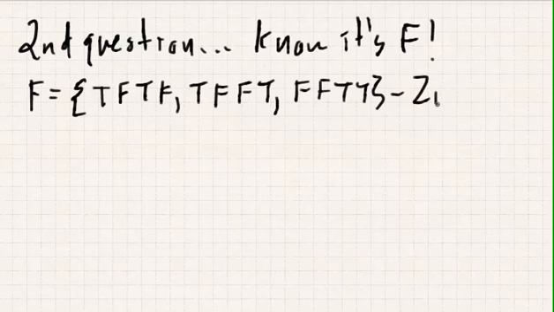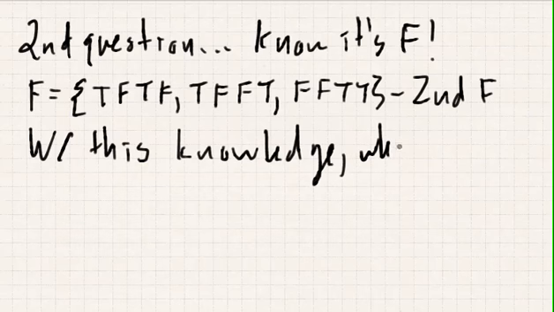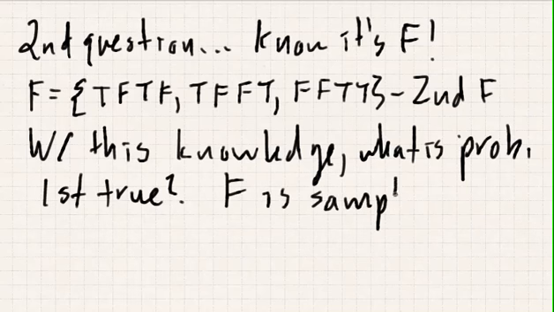These are the ways that the second can be false. Now, with this knowledge, what is the probability that the first is true now? Well, in some sense, F is now our sample space, because we've excluded 3 of the possibilities from S since we know that the second one is false.